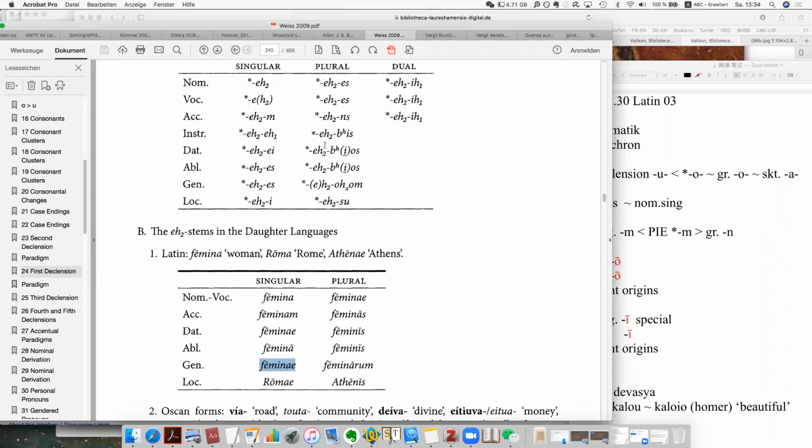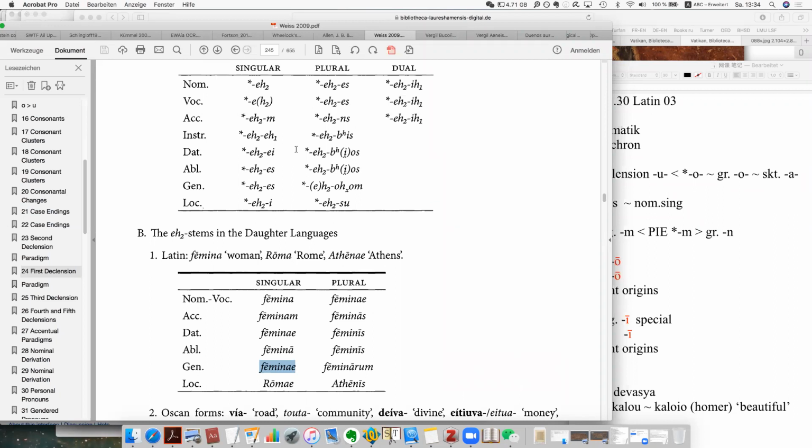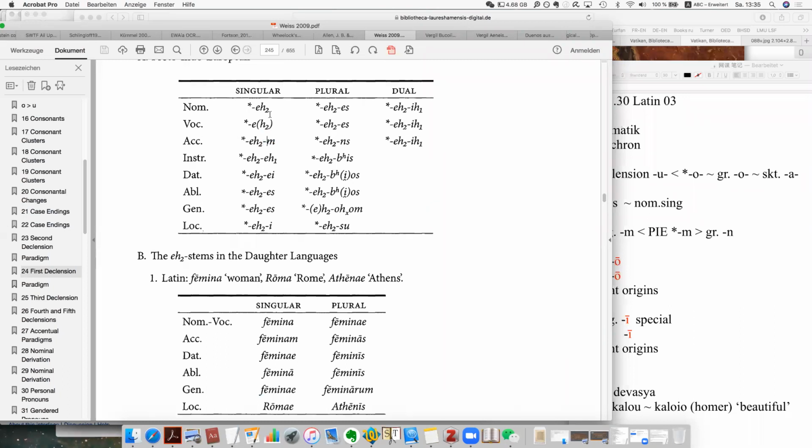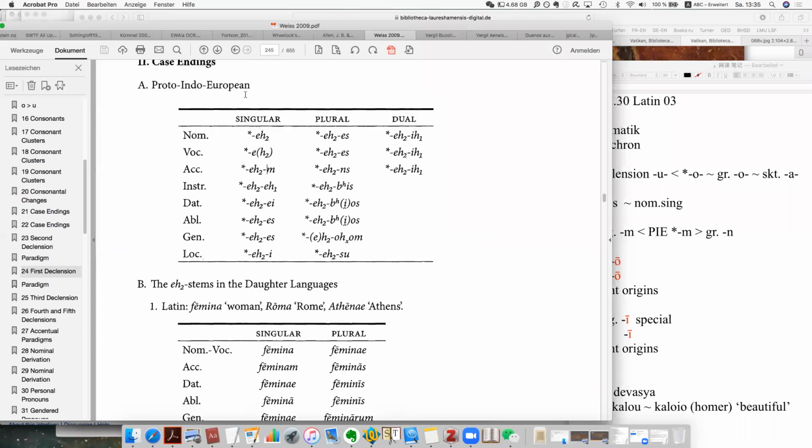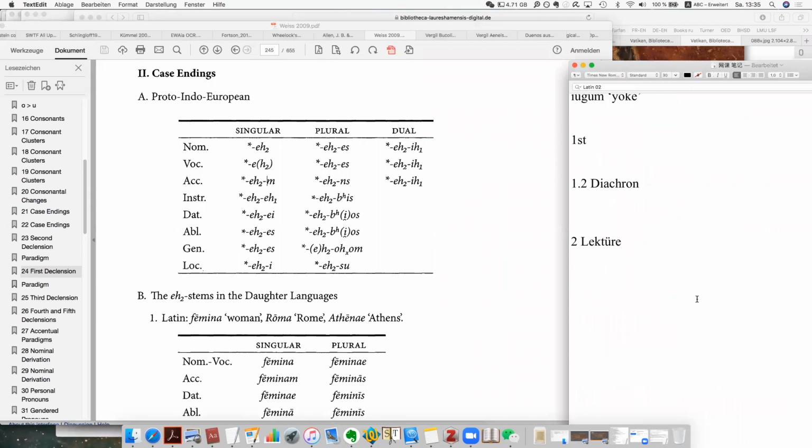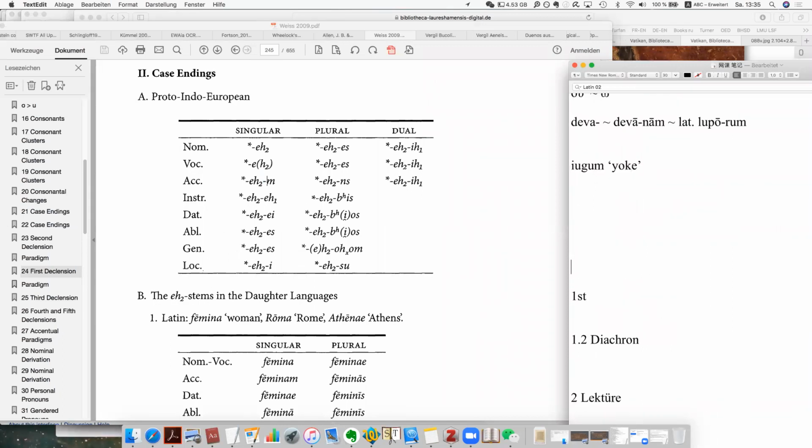The reconstruction is probably a little bit complicated for you, but we can now talk about the ending. One important thing for the first declension is that it is feminine in A. The ending for the nominative singular is zero.